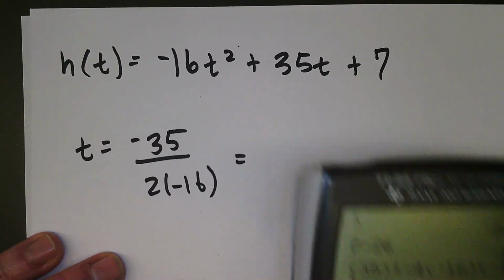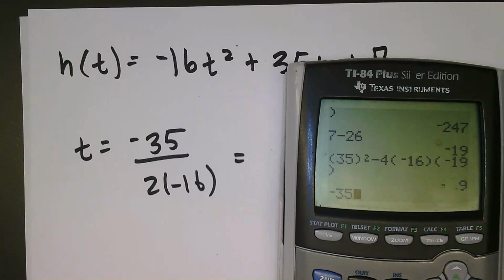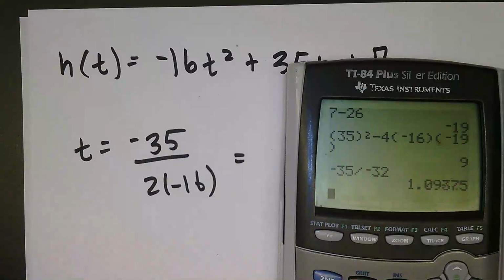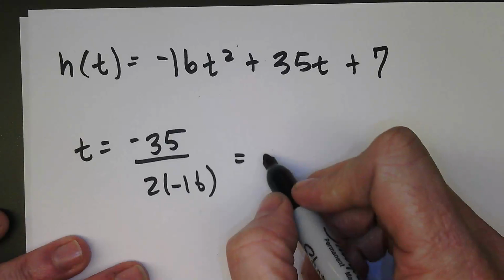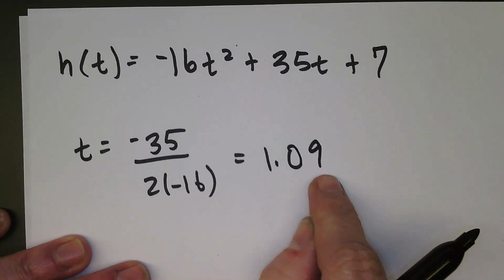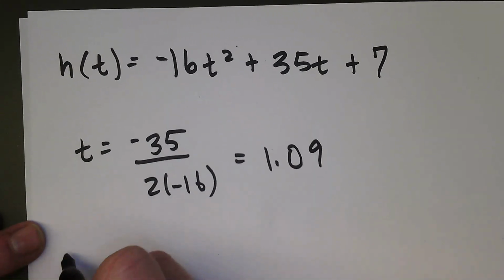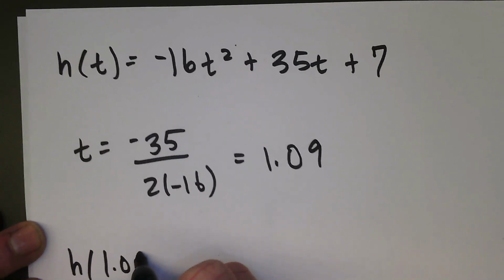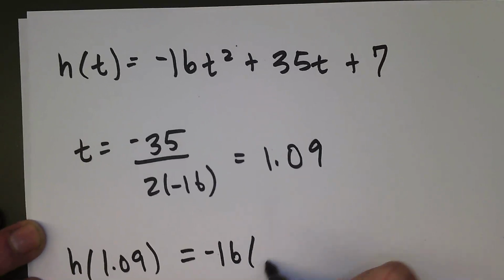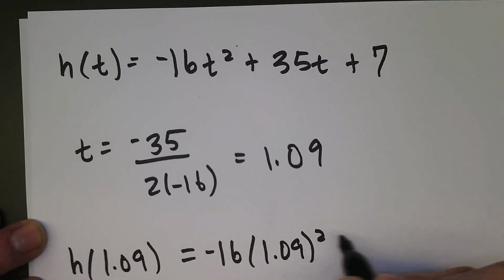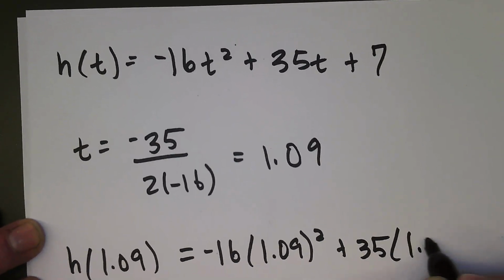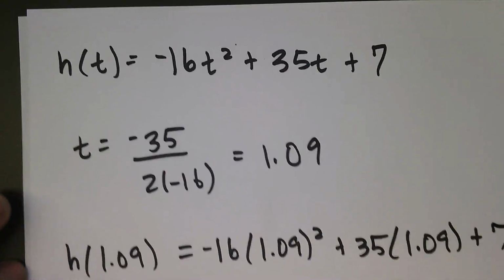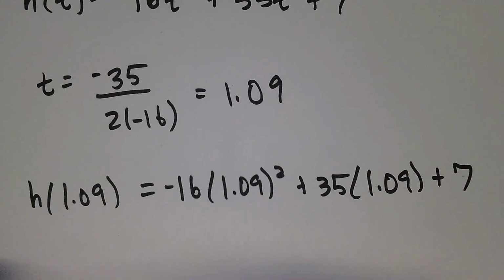So that's going to be negative 35 divided by negative 32, about 1.09. So at about 1.09 seconds, it reaches its height. We want to find out what that height is: negative 16 times 1.09 squared plus 35 times 1.09 plus 7. Type that in and we'll get the exact height.